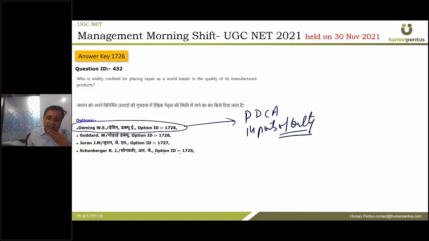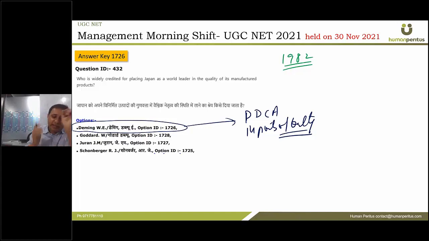So guys, what he did, he wrote a book in 1982. What was the name of the book? I don't remember it actually, I don't have it with me. So basically in this book, he told how, at that point of time, these Japanese automobile firms were beating US automobile firms.